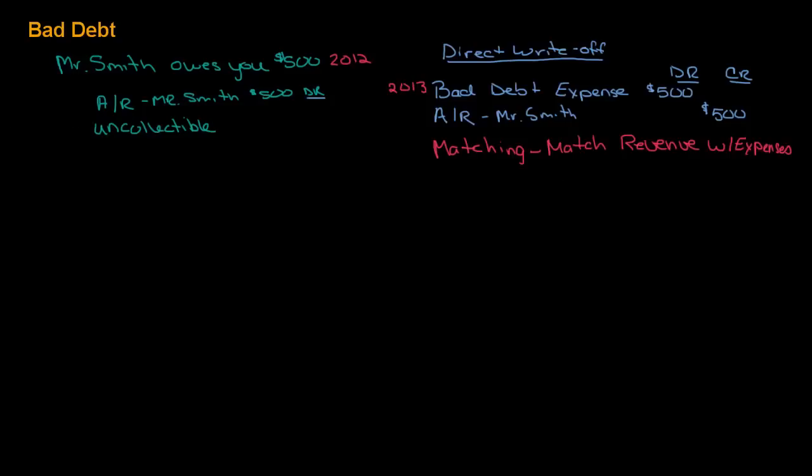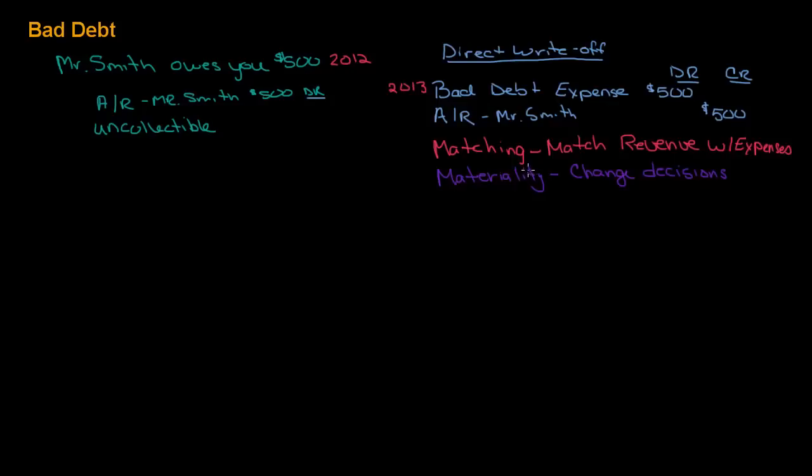The other principle that this might violate is materiality. And if you remember, materiality means that we're looking for errors, okay, or changes in amounts that would change decision making.